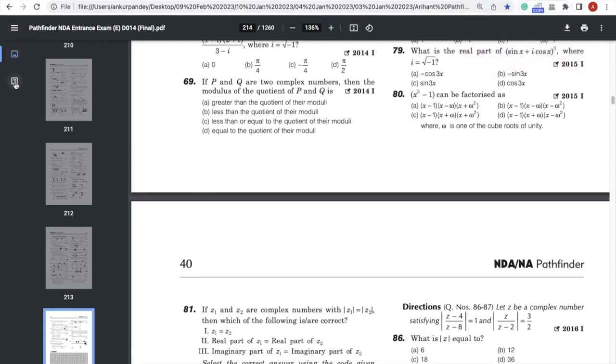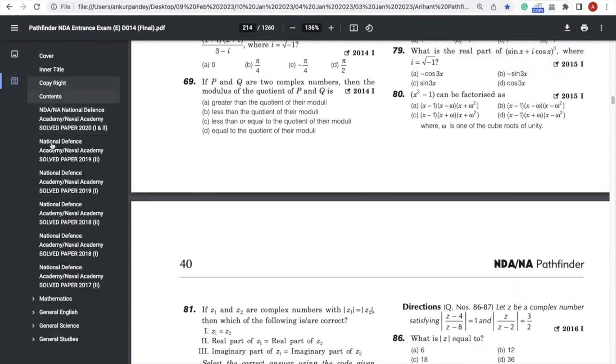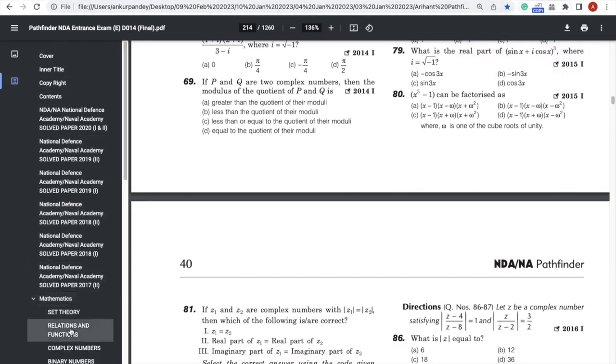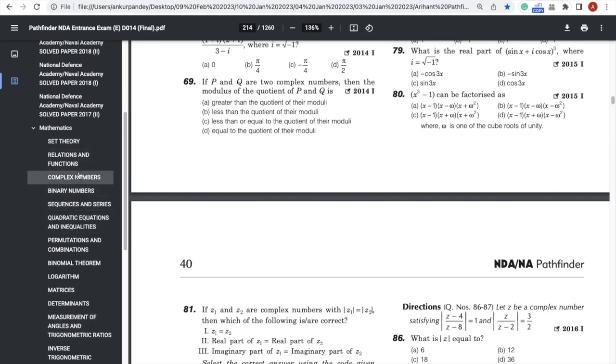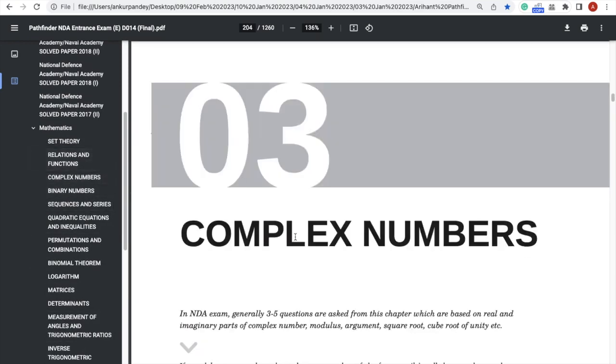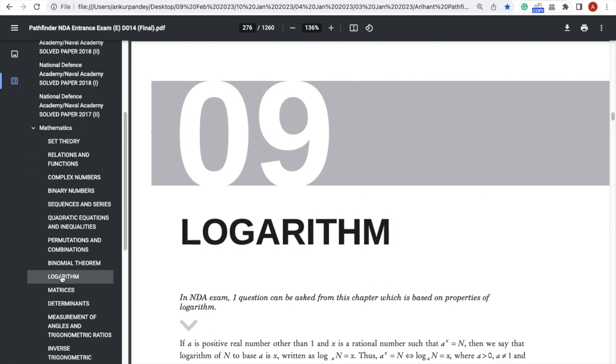If you click on this list, the link of chapters will come. If you click on mathematics, all chapters will show. Suppose you want to go to complex number, click on complex number, it will go. If you want to go to logarithm, if you click on logarithm, you will automatically reach log. Fine?